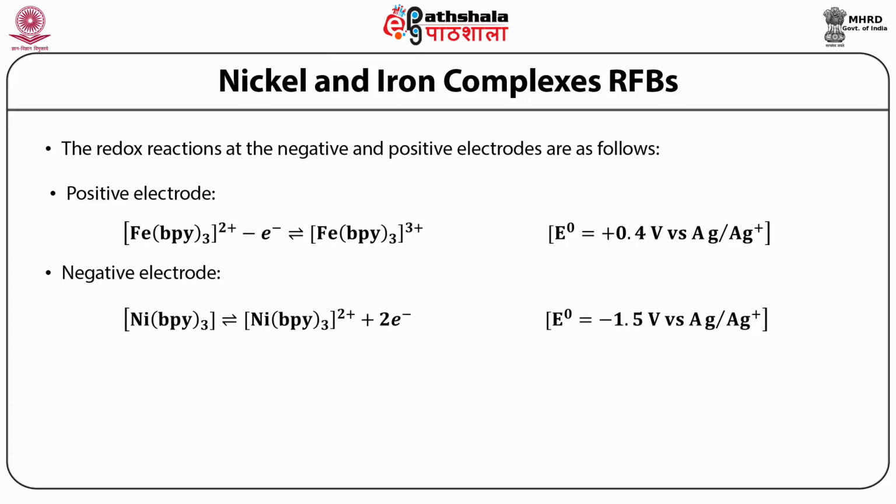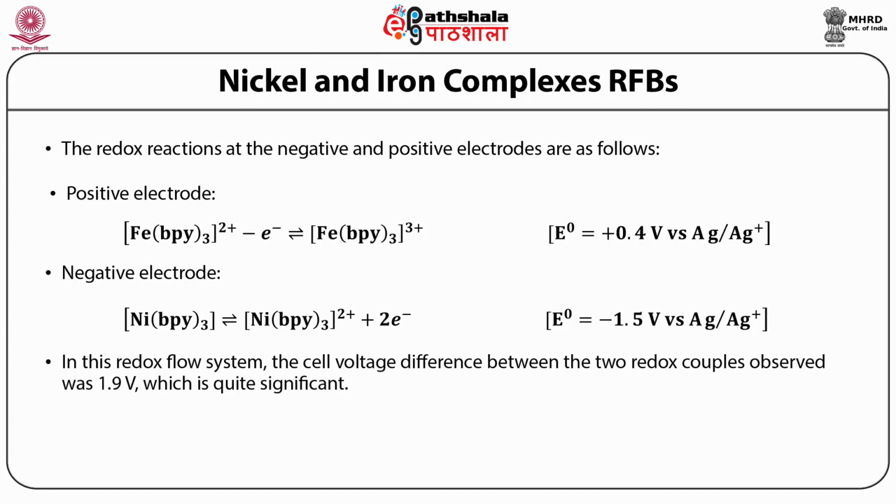At negative electrode, Ni(bpy)3 gives Ni(bpy)3 2+ plus 2 electrons with E naught equal to minus 1.5 volts versus Ag/Ag+. In this redox flow system, the cell voltage difference between the two redox couples observed was 1.9 volts, which is quite significant.